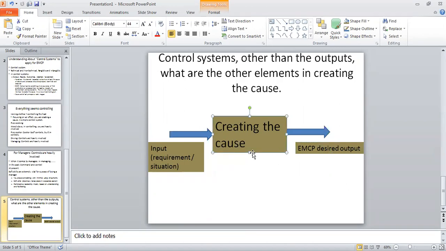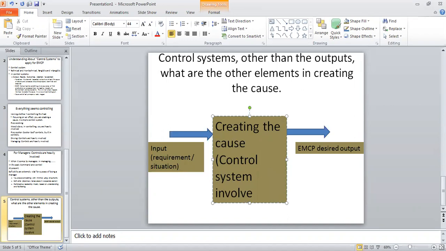And this creating the cause, this part we can say in another word as control system. In creating the cause, control system is involved, not only the control system.